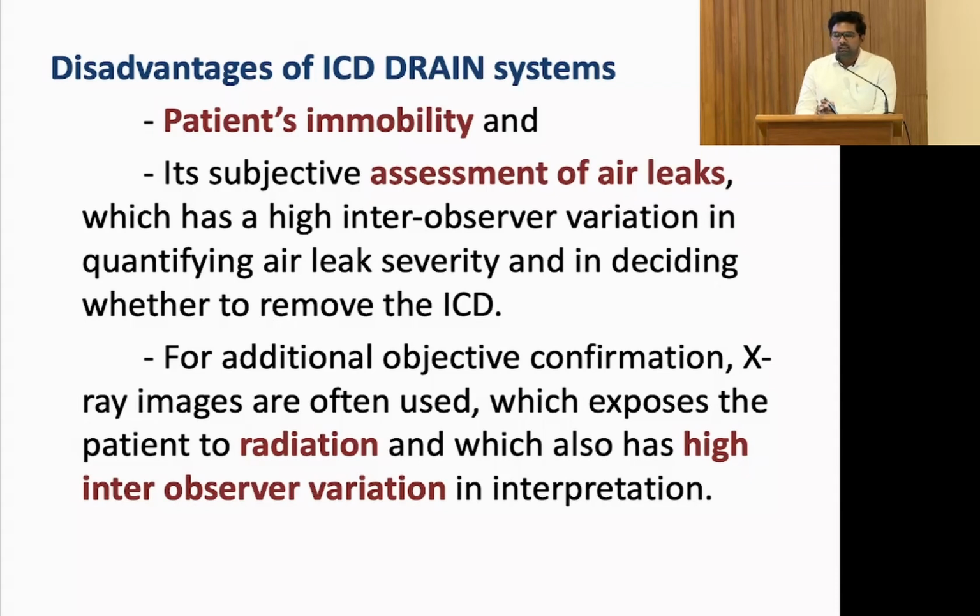And the assessment of the air leak and of the X-ray features has a very high inter-observer variation. So it may be a massive air leak for one person and a moderate air leak for another person. Because of this high inter-observer variation, we are supposed to have a specific standard protocol for removing the ICD.